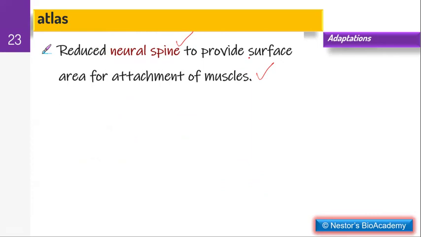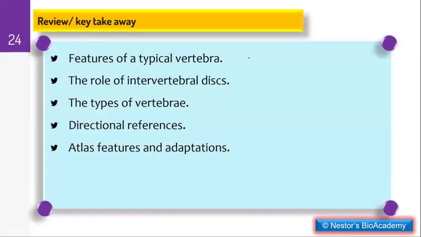Now, what are the key takeaways you need to have from this video? You need to be able to describe the features of a typical vertebra. If we were to ask you, how is a typical vertebra adapted to its functions?